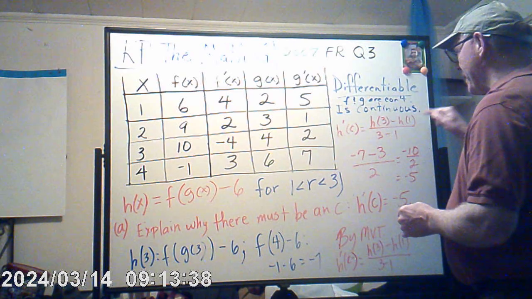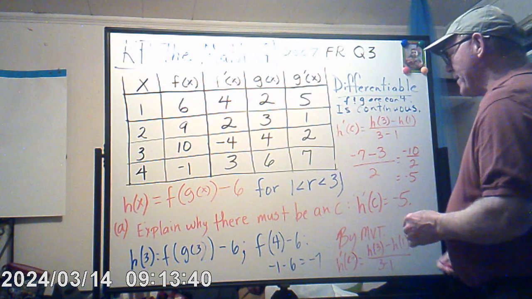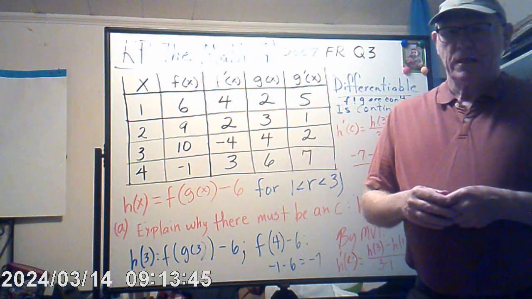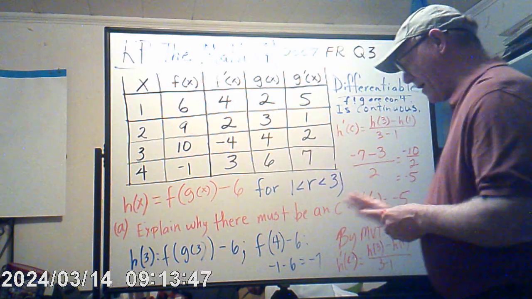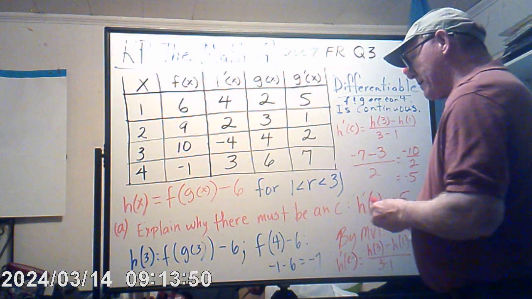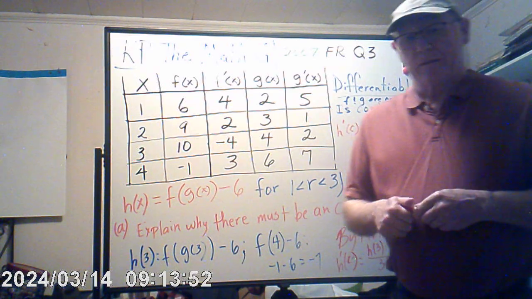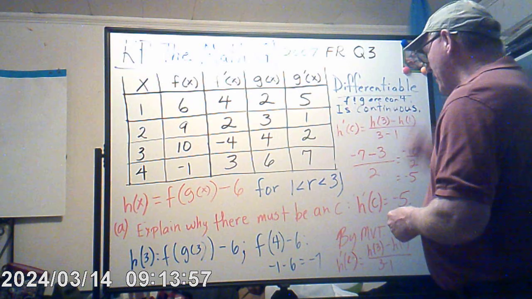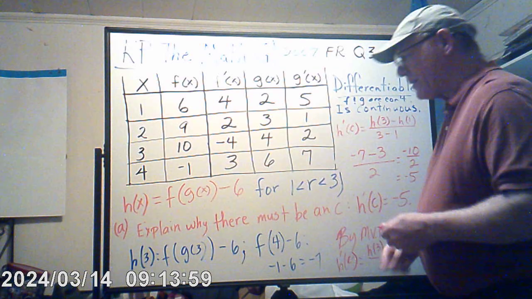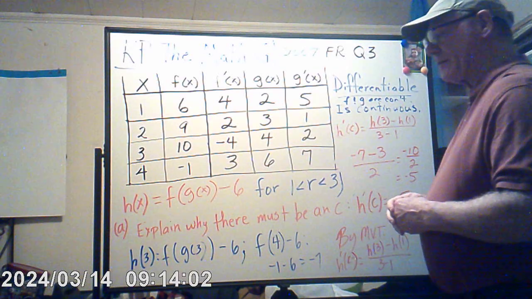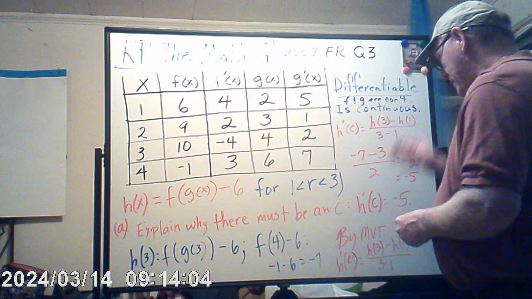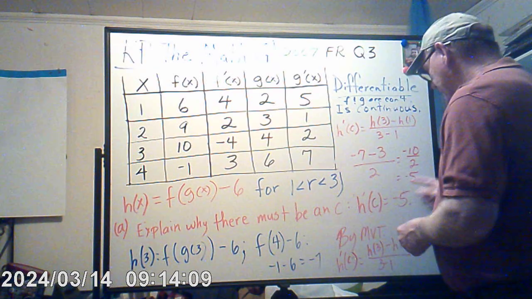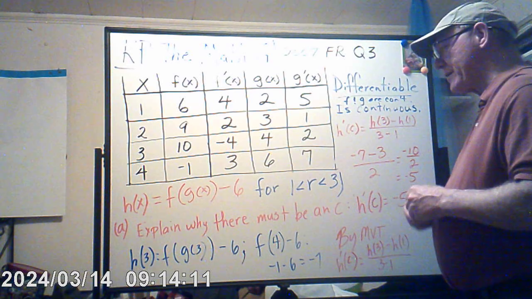And also, f and g are continuous. You want to say that on both answers, A and B. You've got to put in continuity there, otherwise it doesn't mean anything. That's what differentiable means, so you might as well just say h is continuous. So: continuous, MVT, and this showing that you understood the answer.